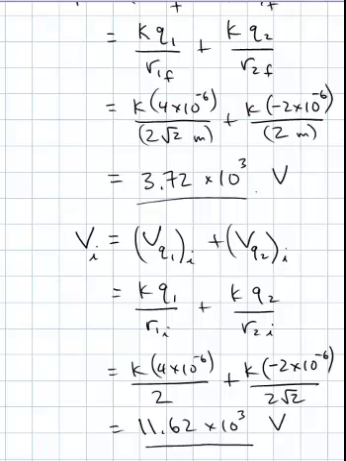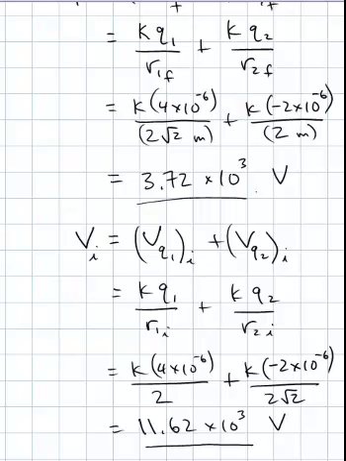And a positive charge wants to go from high potential to low potential. The field will push it in that direction. So the field will do positive work moving it in that direction, and an external force would do negative work. They're always opposite.